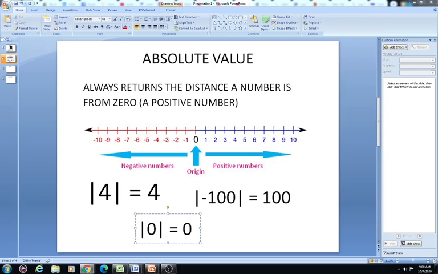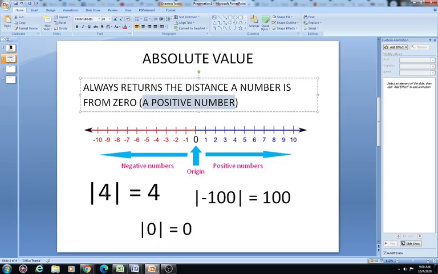All right, so there we go. Just remember, absolute value is the distance from 0, and it is a positive number.